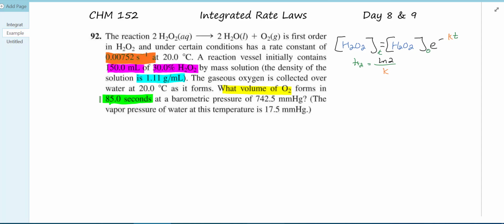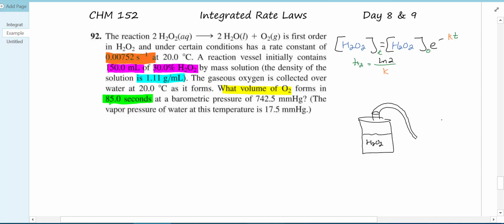Okay, so imagine you have a container, sealed, with a lid on it. In here you have H2O2, and it's decomposing. We can collect the gas through this tube, which goes into a container where it's sealed.